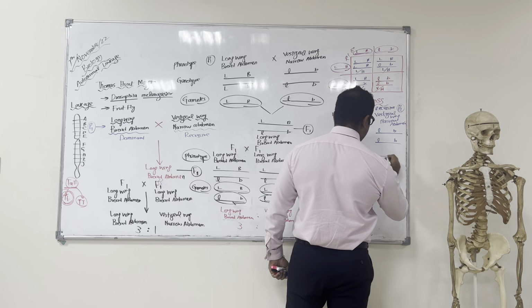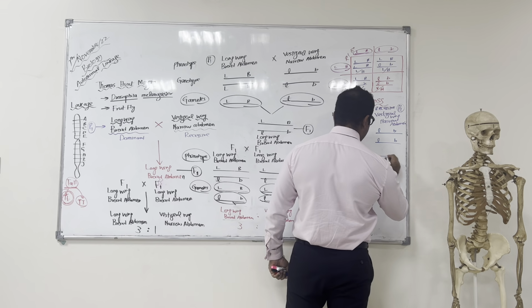Here, let's suppose we have male, here we have female. Let me use a different color. Let's suppose this is capital L, capital B, circle. Here is small l, small b, circle. Here it is small l, small b, small l, small b. Now, what happens?